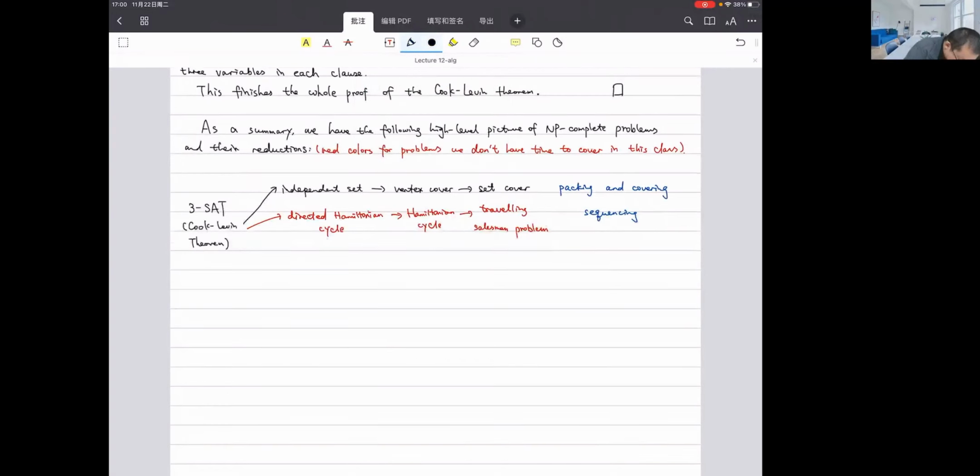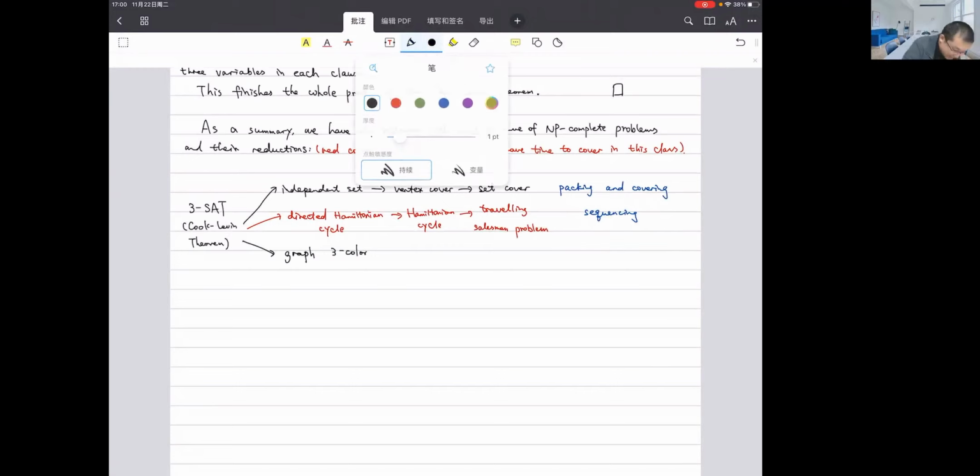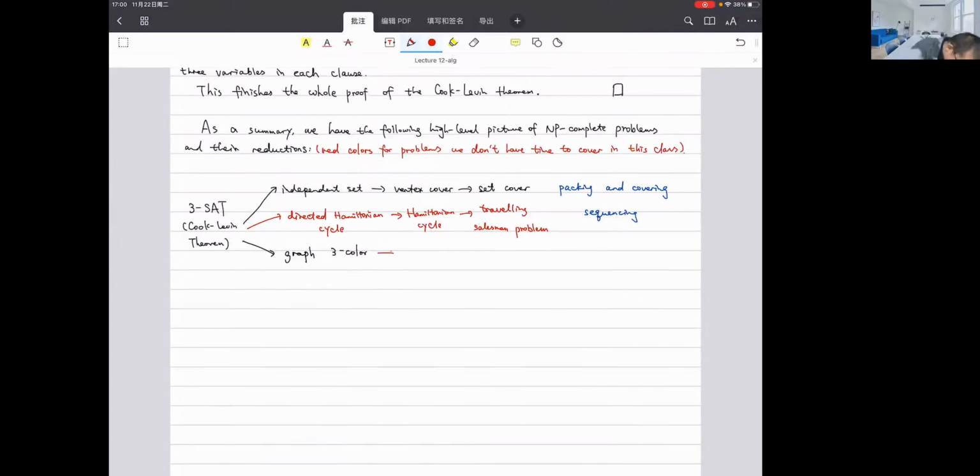In our lecture, we proved that the graph three-color problem is NP-complete, by a reduction from 3-SAT. It can be further reduced in polynomial time to the problem where we assume we have a planar graph and ask whether the planar graph is three-colorable or not.